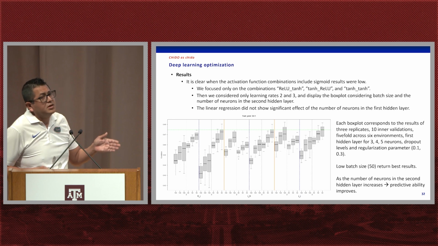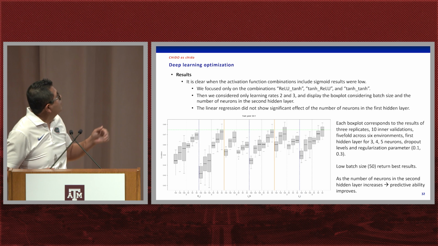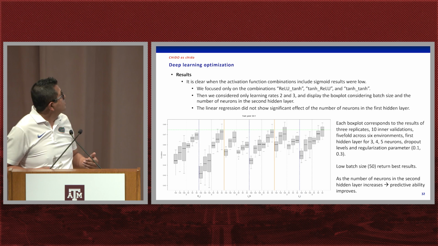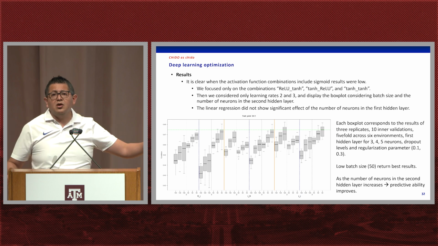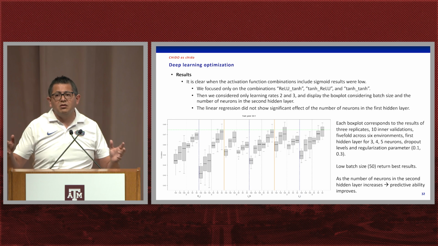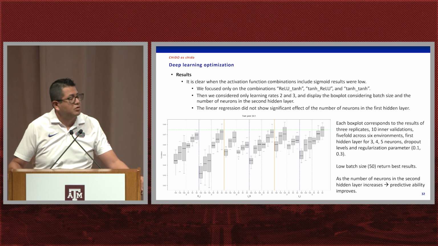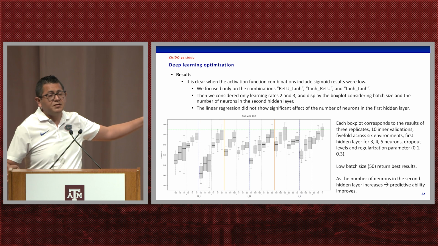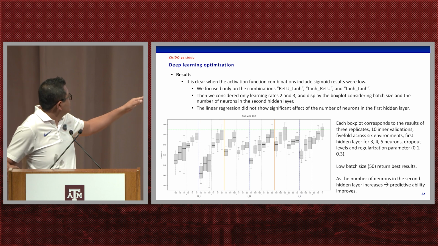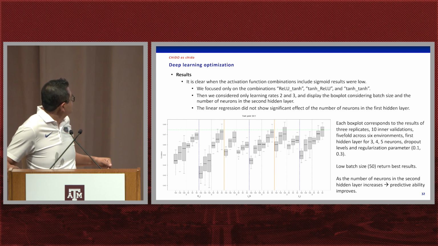So we consider only learning rates of 2 and 3, and then now we focus on what happens with the batch size. And we have results like this. So now, still, we have a lot of results to condense, but now we present those in a box plot. So now here we have the 3 combinations of activation functions, the learning rate, 2 and 3, and then we have the batch size.